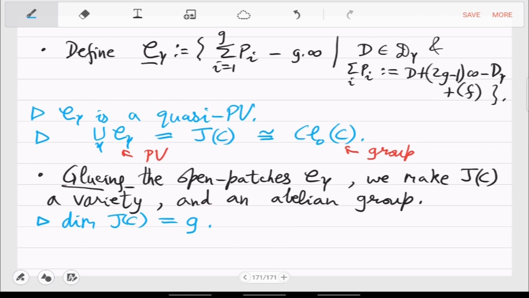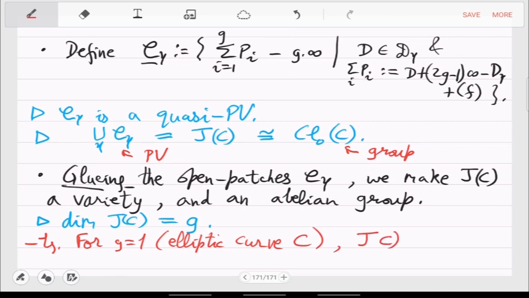And yeah, so for genus 1, what happens? For genus 1, this is just a single point minus infinity. That's the case of elliptic curve. So for genus equal to 1, which is an elliptic curve C, JC actually is the curve itself.